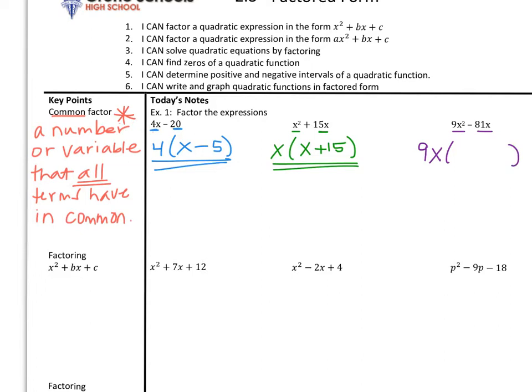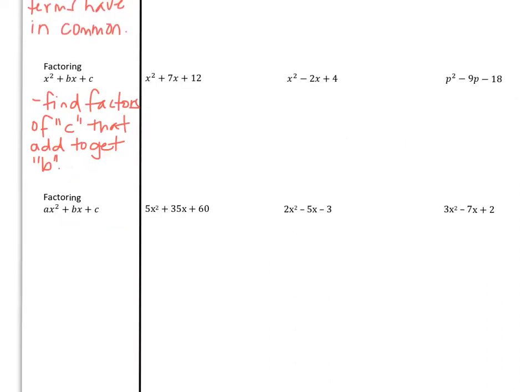If we factor 9x out of 9x squared, we would only have an x left over. If we factor 9x out of 81x, 9 goes into 81 9 times, so there'd be a 9 left over. And x goes into itself, and there'd be no variable left on the inside of that parenthesis.